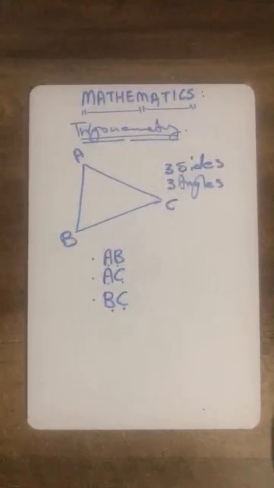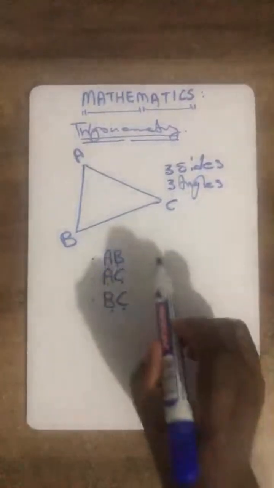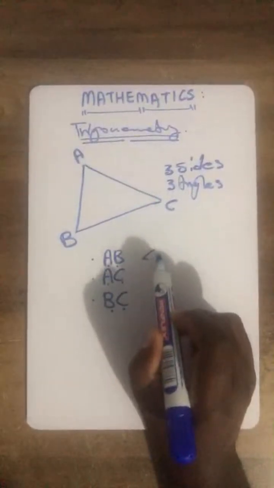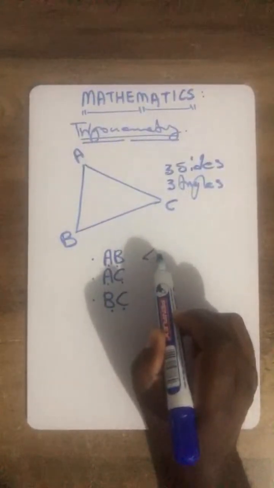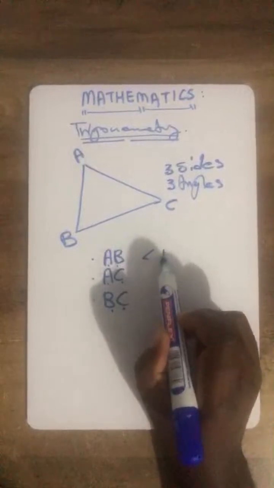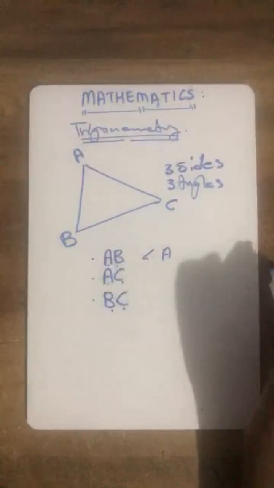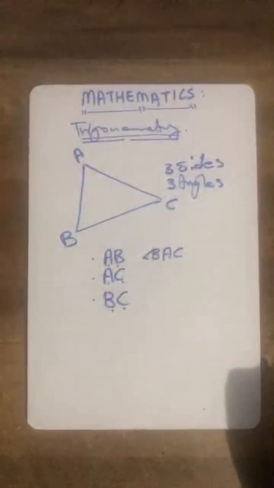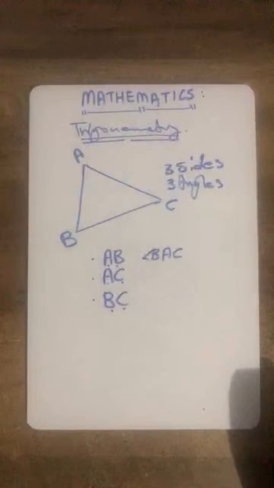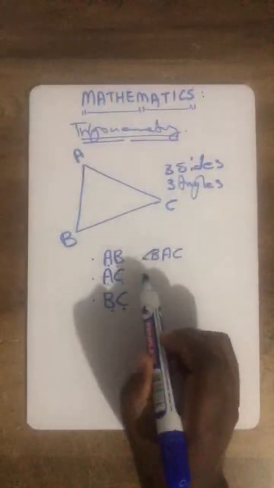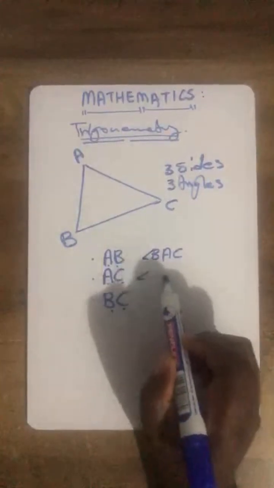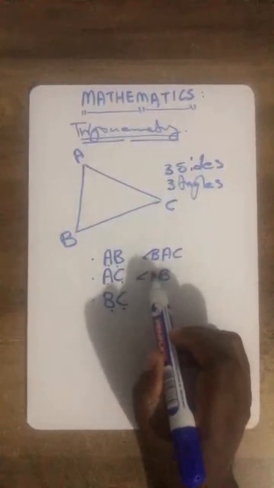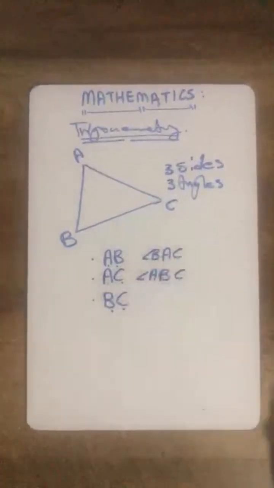So in terms of the angles, we have angle A in that triangle of BAC. The letter for the angle you write in the middle, such that for B, you say angle B in that triangle of ABC.